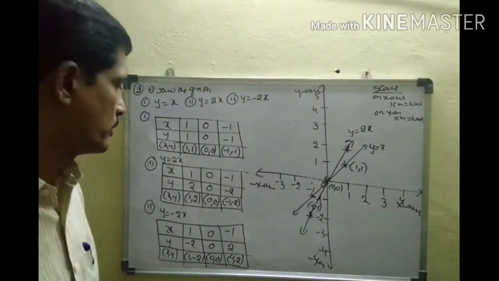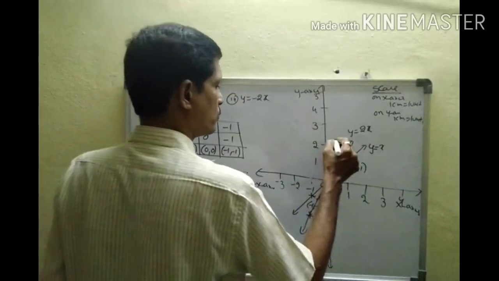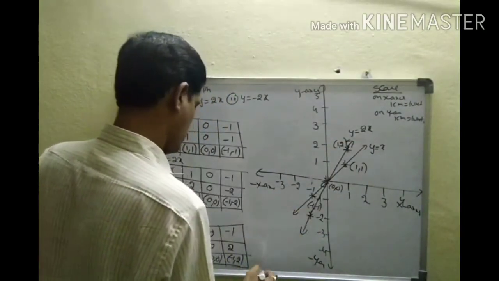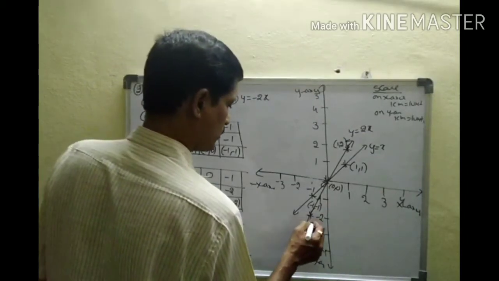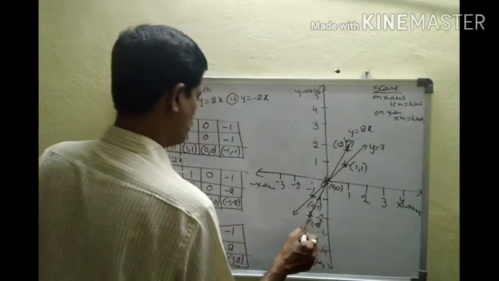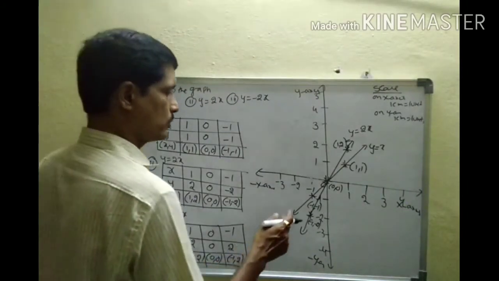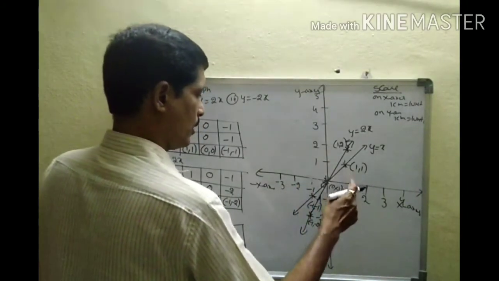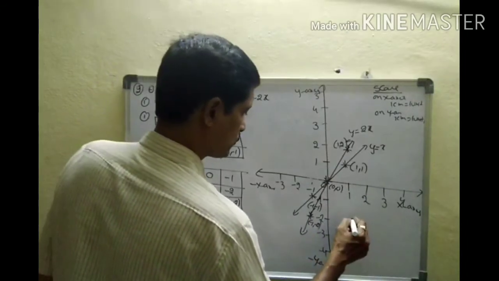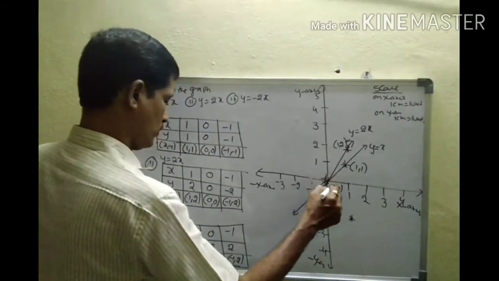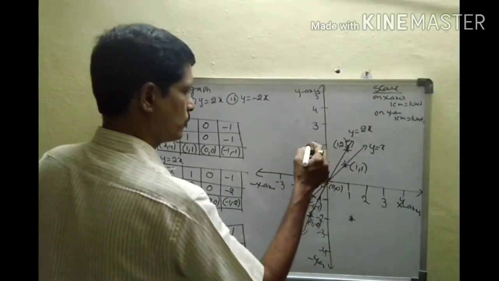Next write the points. Here is 1 comma 2. Next one is here 0 comma 0. Next one is minus 1 comma minus 2. Next third one 1 comma minus 2. Here 1 minus 2. Next one is 0 0. Third one minus 1 2.